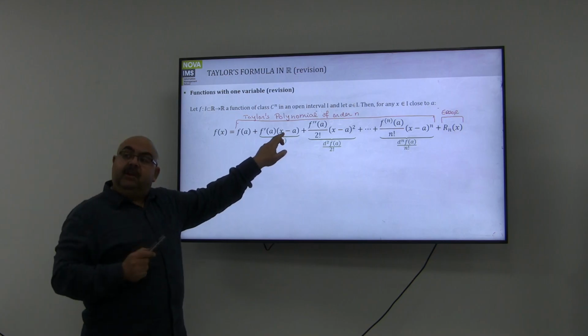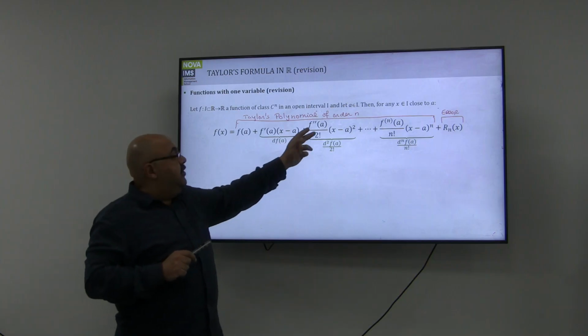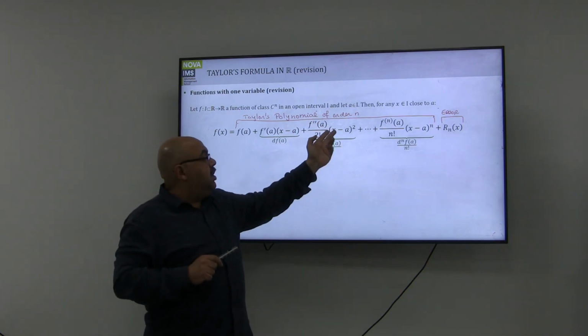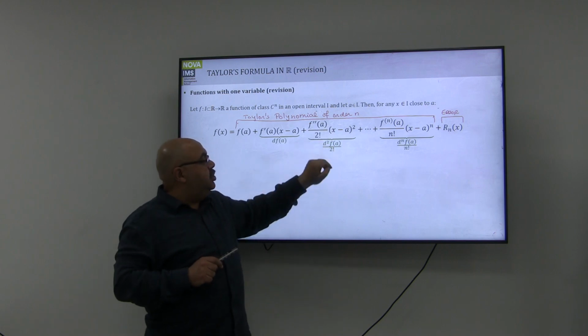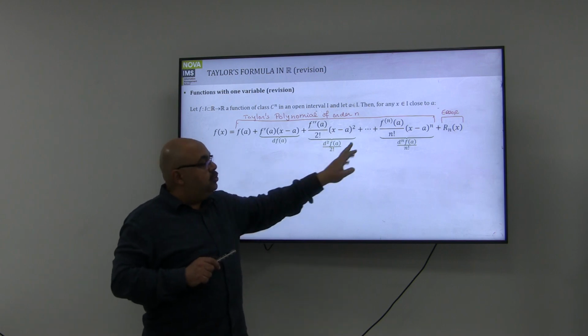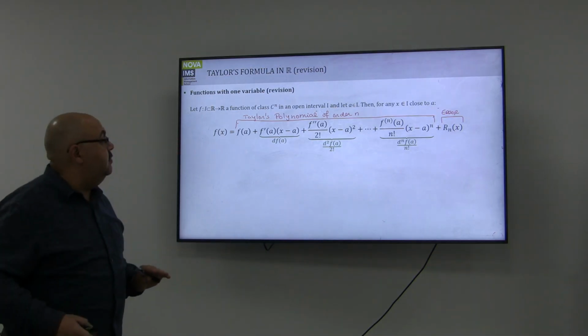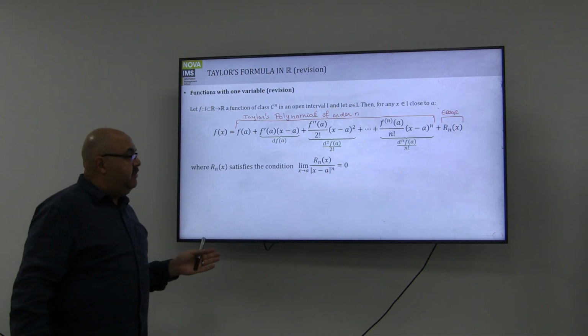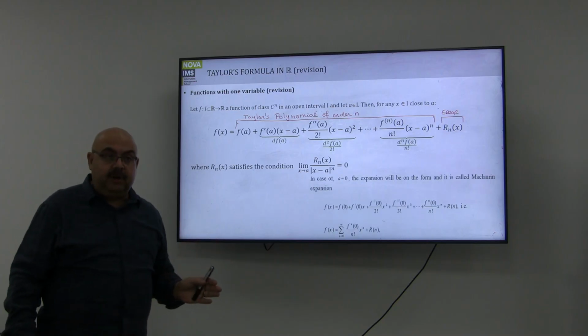The second order differential is differentiating the function twice times x minus a to the power of 2. That's the differential, and it will be divided by factorial 2, as you can see. Also, the remainder term is exactly the same. You can use either the previous equation or that equation; both of them are correct.